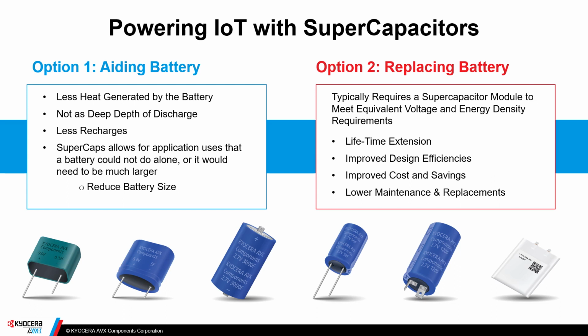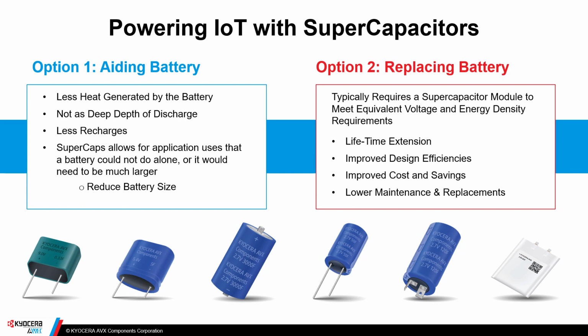If we look at the first situation, aiding that battery, we would aim to have the supercapacitor sized essentially to take the peak power, deliver the peak power to that load, depending upon the load type and size and its power requirements.